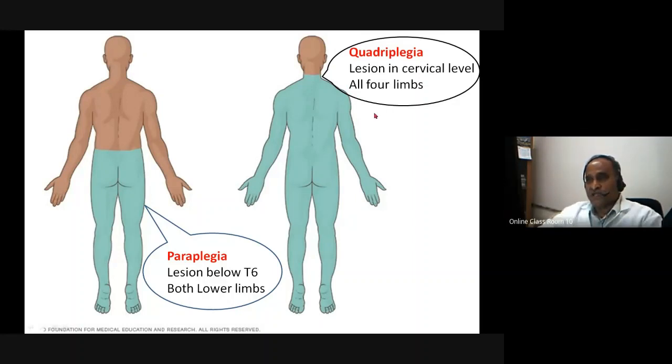I will show you in my next slide. This is quadriplegia. All the four limbs are involved. Here, maybe somewhere around the T6 level, or even a little lower down, both the lower limbs are involved. This is paraplegia. So, quadriplegia and paraplegia.